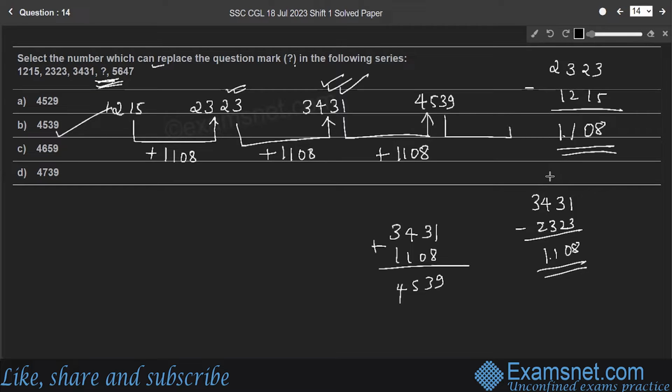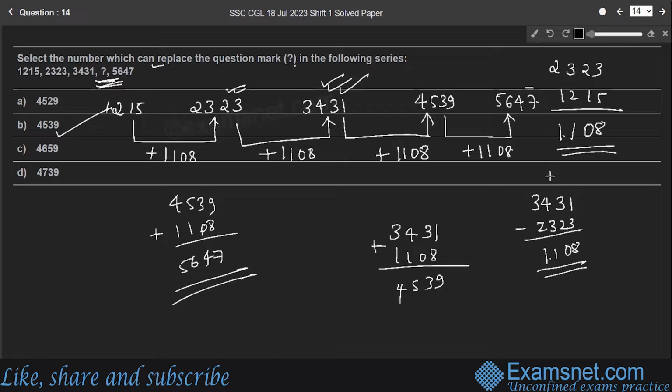You can verify the answer by considering the last number, which is 5647. If you add 1108 to 4539, so 7 and 4... 6, 5647. Therefore, the answer is verified. Therefore, the fourth number in the given series is 4539.